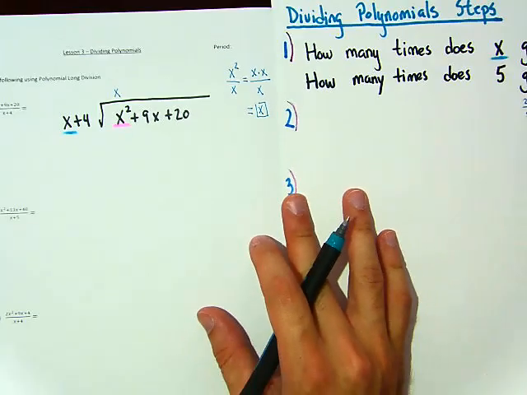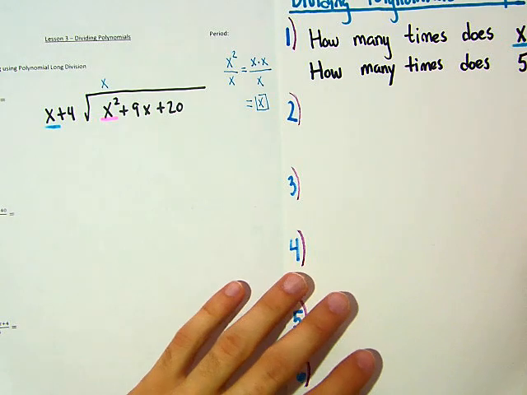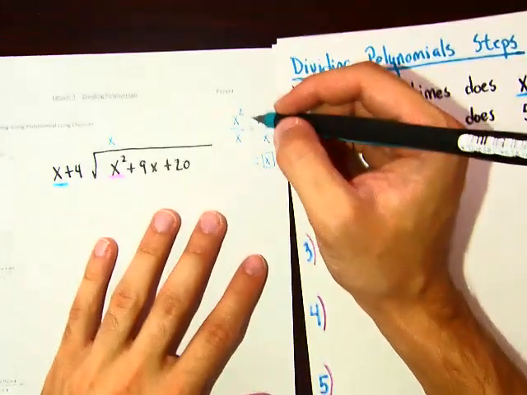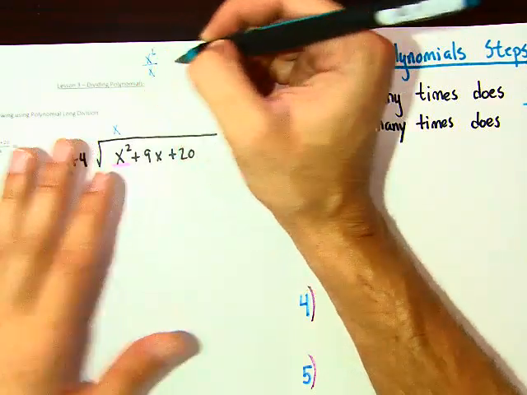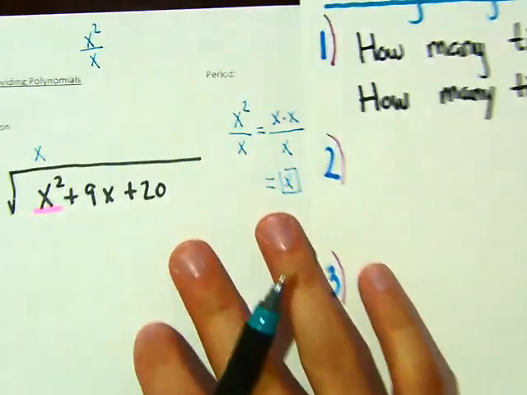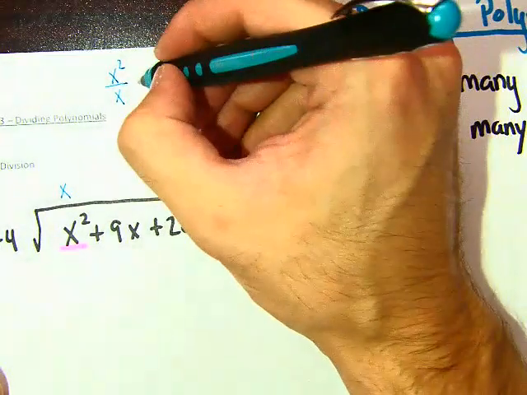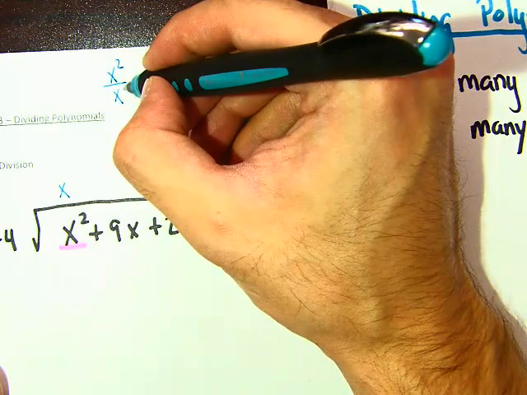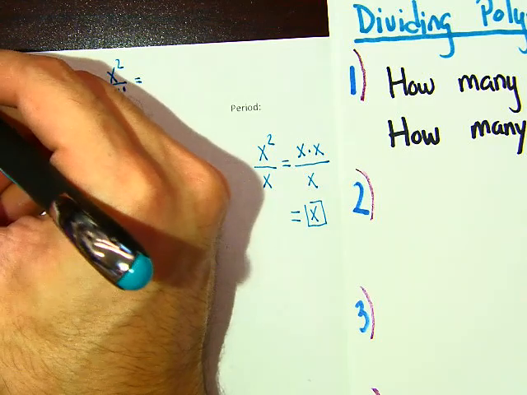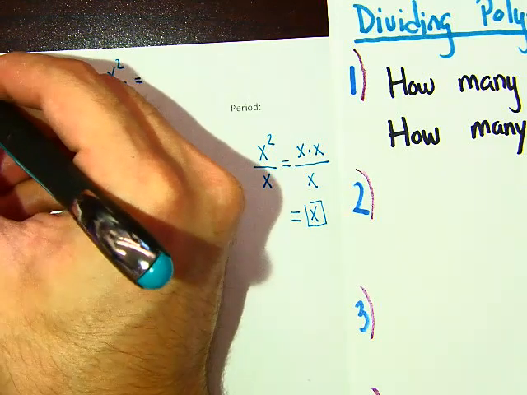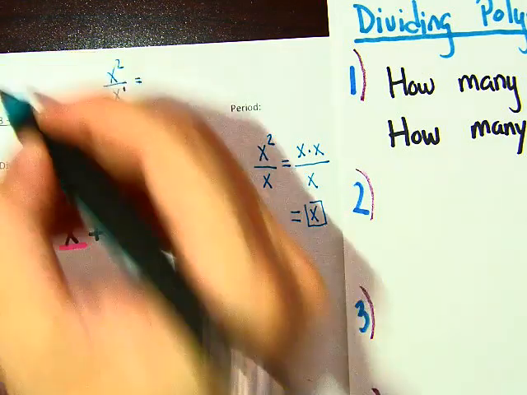And what's another way of doing the algebra with this? You could also say that, let's see, if I have space, I'll do it over here. If I have x squared over x, what's another way of doing it? You notice that there's that invisible 1 over here. And if I had, for example, x to the 3 times x to the 4, that's x to the 7.